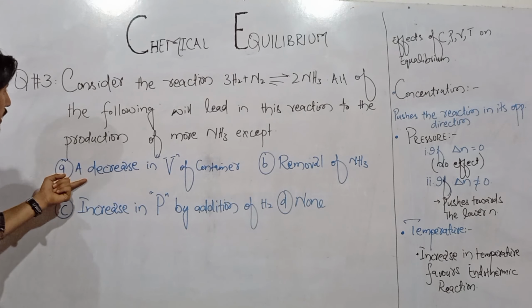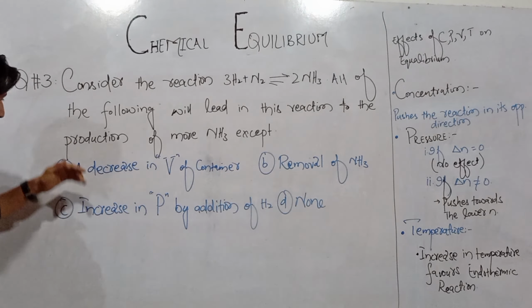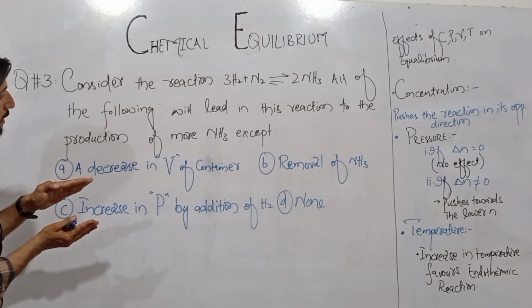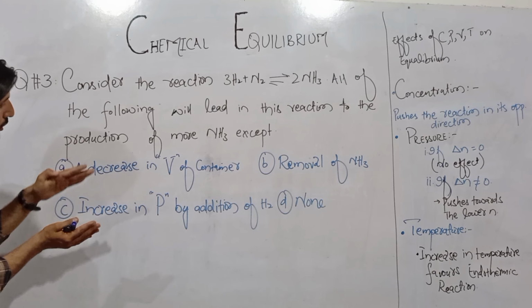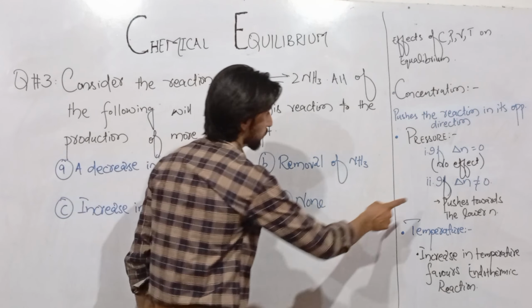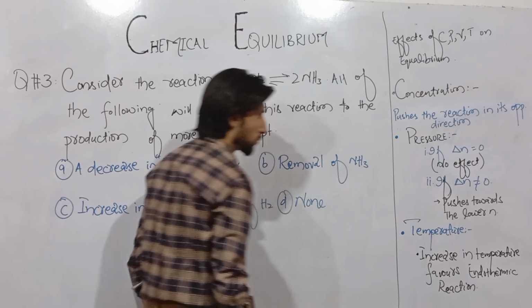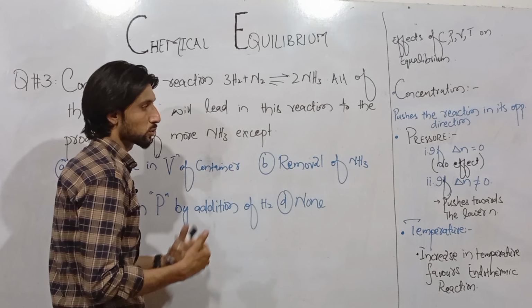First, a decrease in volume of the container. If you decrease the volume of the container, you increase the pressure of the reaction mixture. So increasing the pressure will have an effect if the number of moles are not equal, and it will favor the direction where the number of moles are lower.